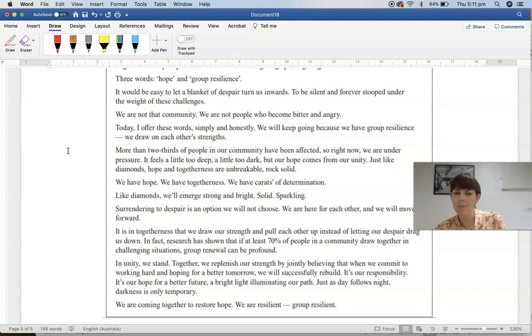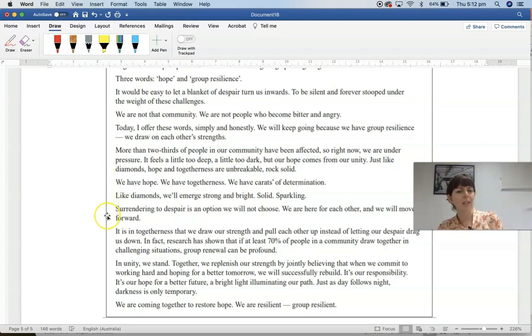Just like diamonds, hope and togetherness are unbreakable, rock solid. We have hope. We have togetherness. We have carats of determination. Like diamonds, we'll emerge strong and bright, solid, sparkling.